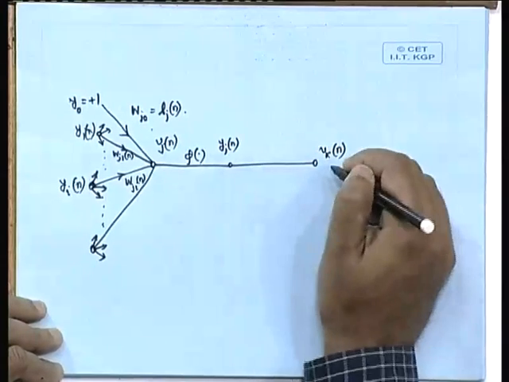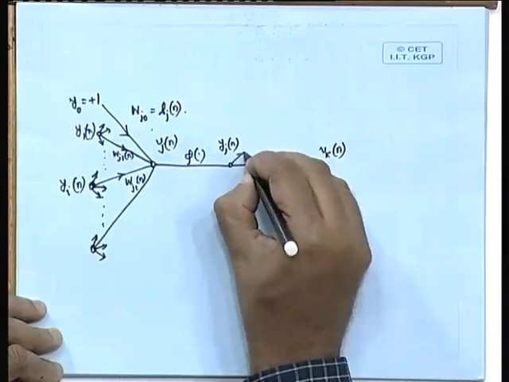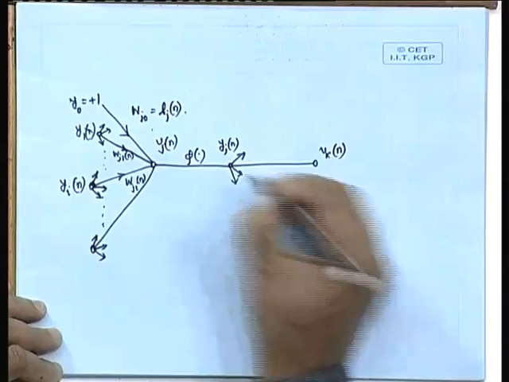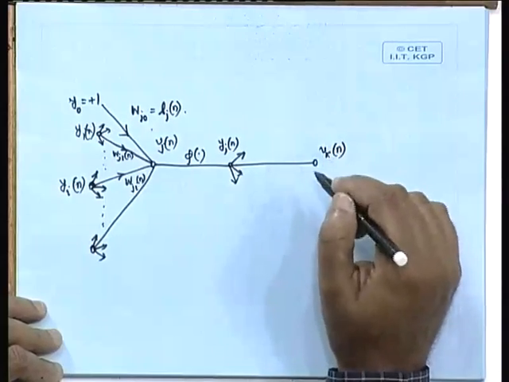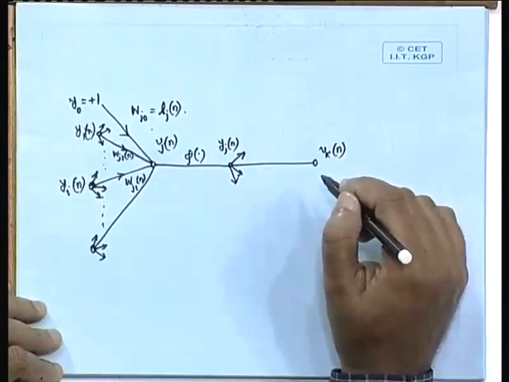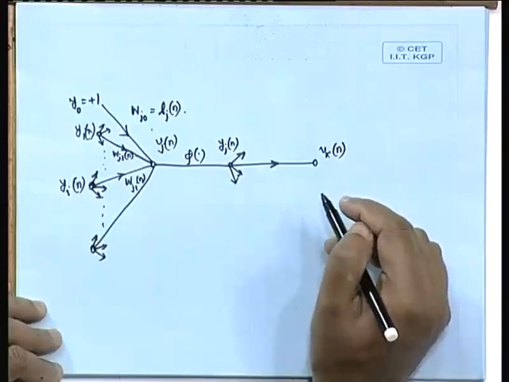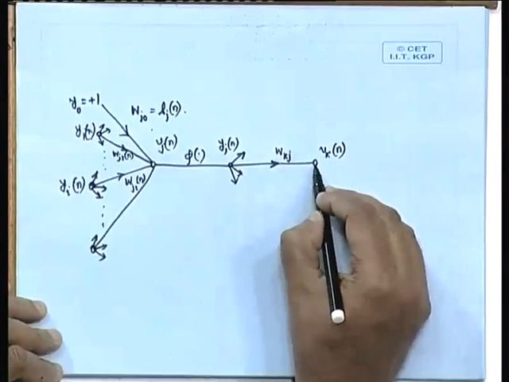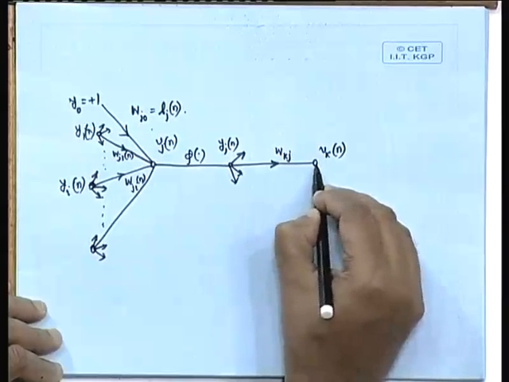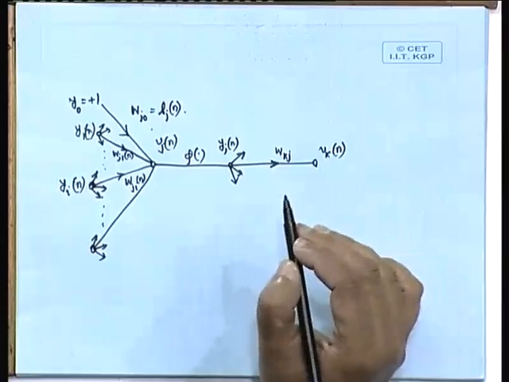And yj of n will be connected to several other neurons, to all the neurons existing in the output layer. That is why we show the connection like this. And what will be this weight? This will be wkj, where it connects this output neuron k with the preceding neuron j, which belongs to the hidden layer.